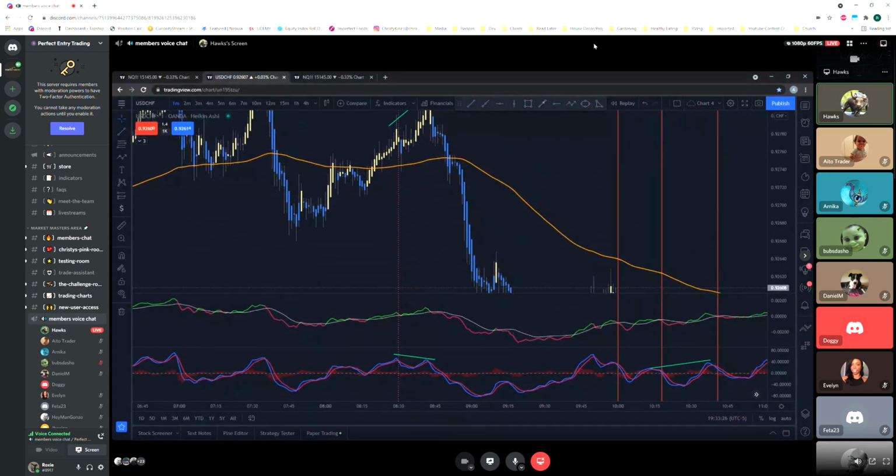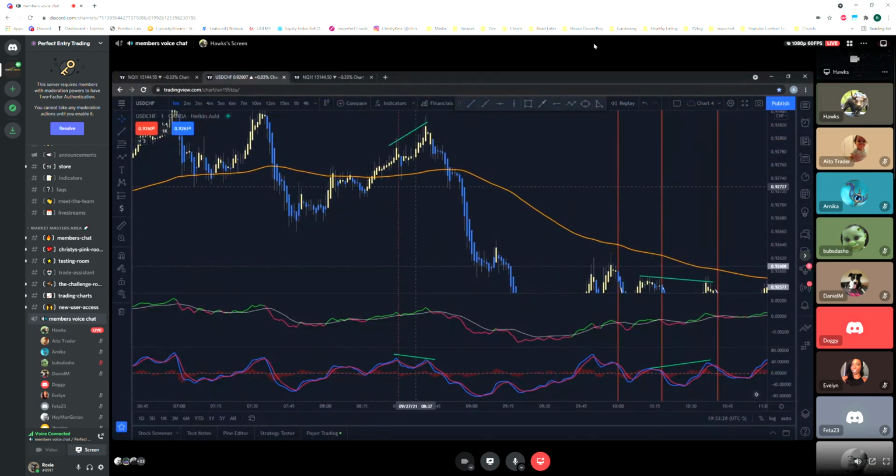When you do see something like that, this is a good example. If I'm going to take profit one, my EMA line is right there, so you can use that as your take profit level if you want. I do see these little drops right here.